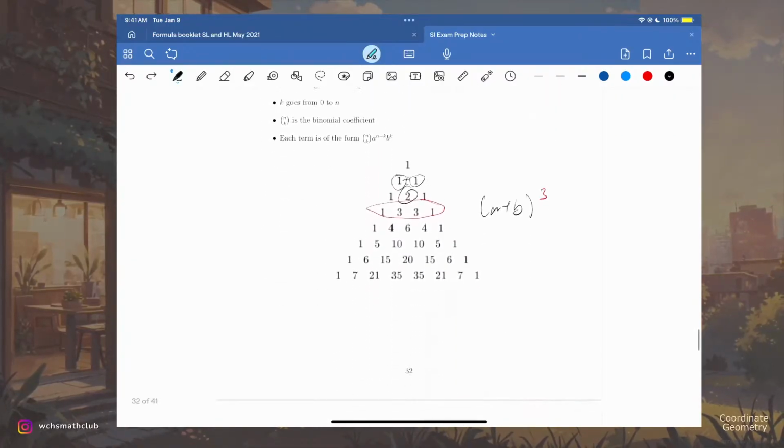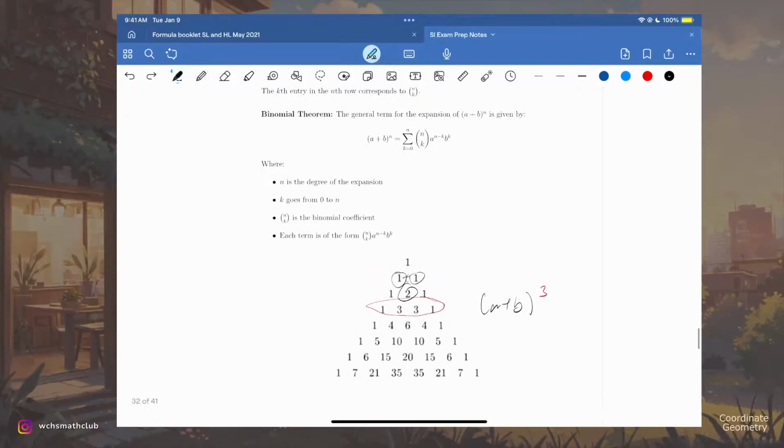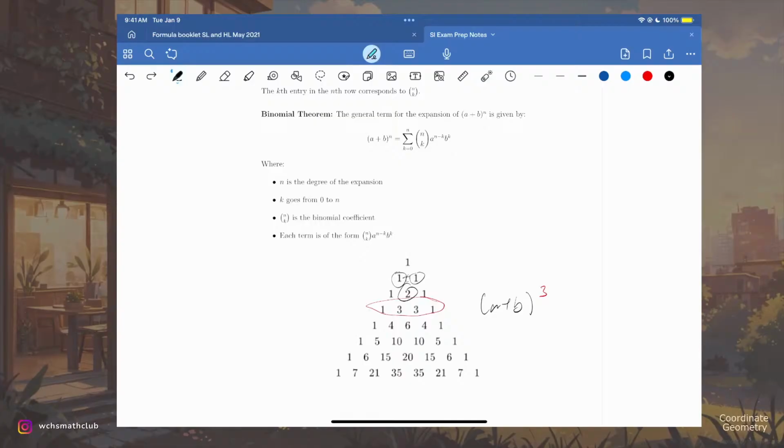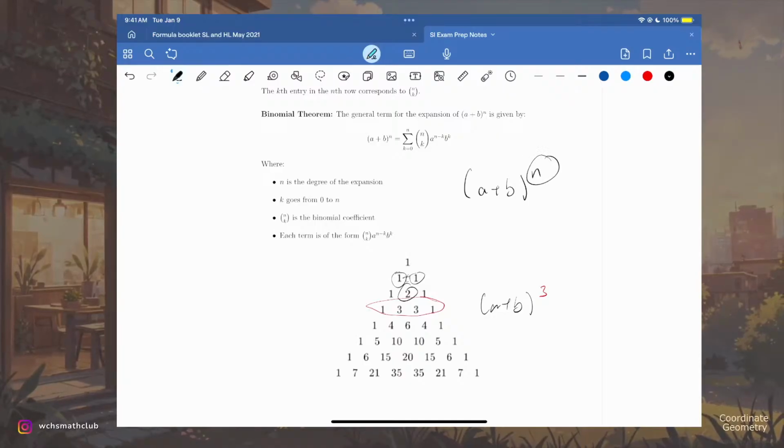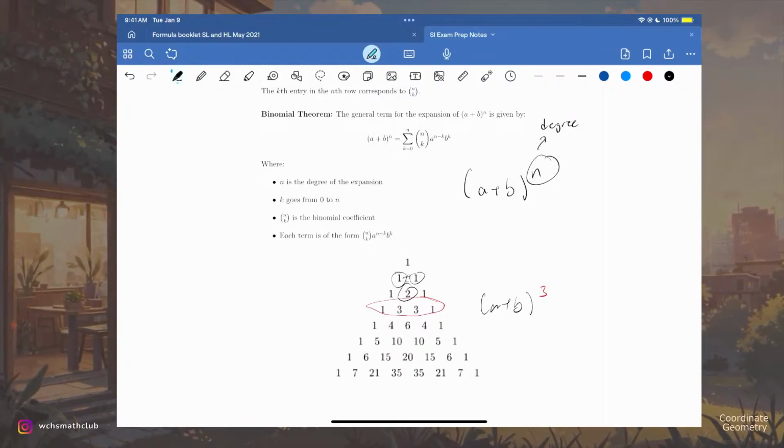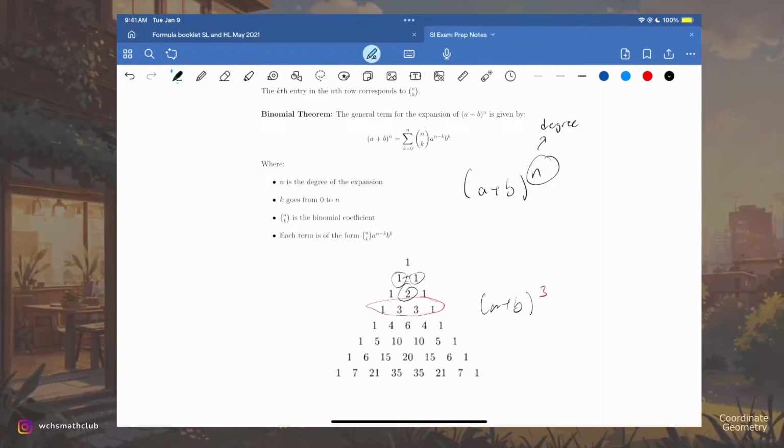Now in terms of the terminology you need to know, n right here is going to be the degree of the expansion. So when we have a plus b to the power of n, this n is the degree. And then k is just a variable we define. This right here is a sigma symbol, so it means you add everything from 0 to n.